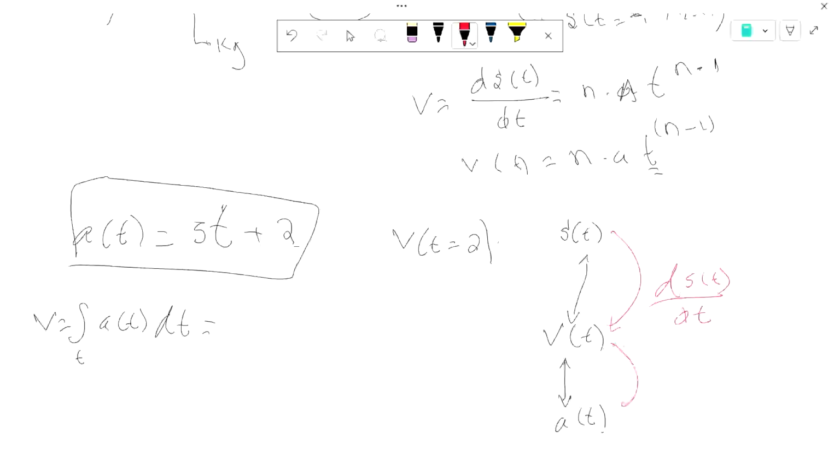And from velocity, if you want to go to acceleration, you have to differentiate velocity, find the derivative. If you want to find the velocity from acceleration, you have to integrate. And if you want to find the displacement from velocity, you have to integrate velocity. So very simple. That's the very first thing, and it's a typical problem in dynamics.